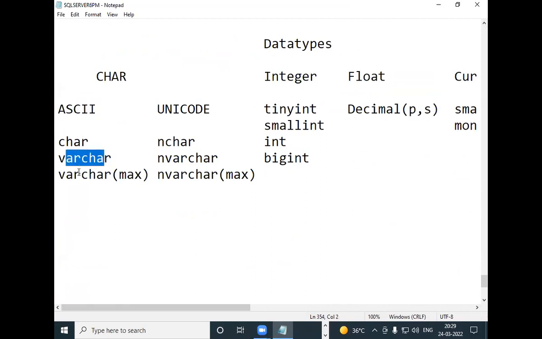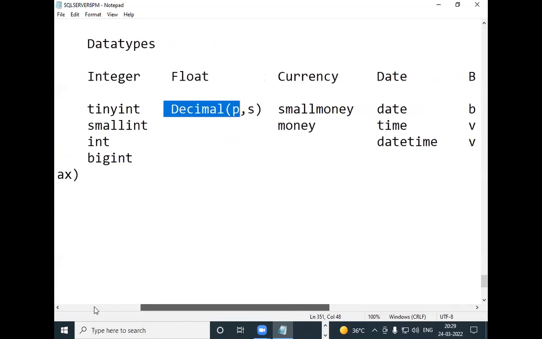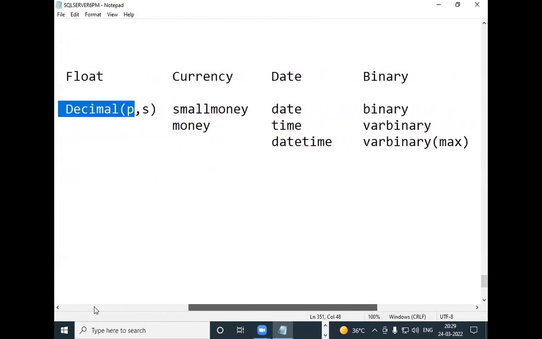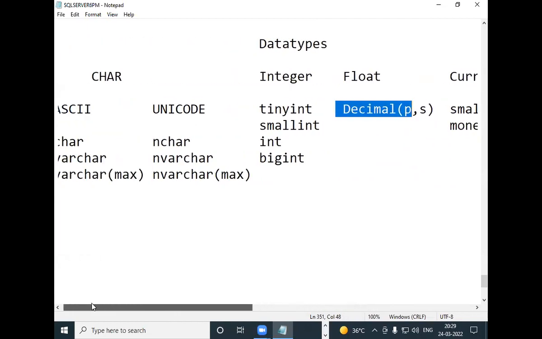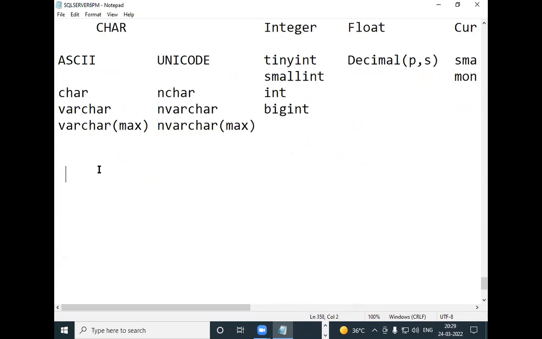Char, varchar, varchar max; Unicode: nchar, nvarchar, nvarchar max; integer, tinyint, smallint, bigint, decimal(p,s), money, smallmoney, date, binary types. Now we'll see them one by one.